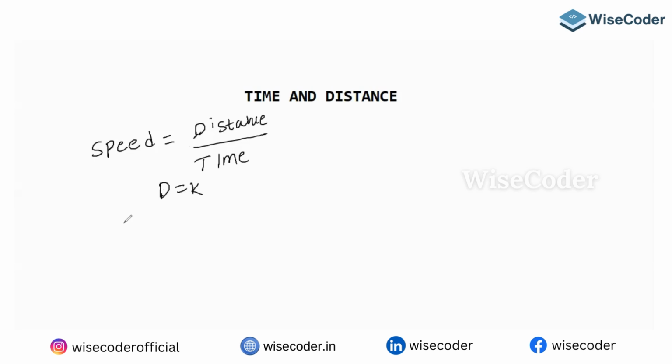When the distance is constant, if you are going with more speed, you will take less time. Yes or no? If you are going with less speed, you will take more time. Which means when the distance is constant, speed is inversely proportional to time.